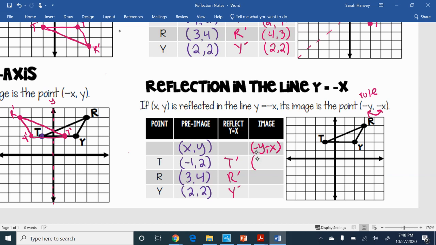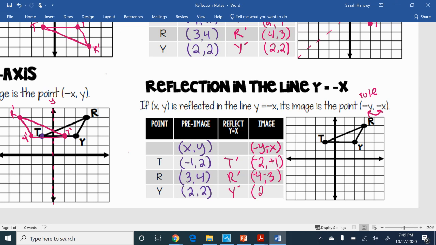So we're first going to switch this. Instead of negative 1, 2, I'm going to just switch them first. And then we're going to change the signs. So I just flipped them, and now we're going to change the signs. It was a 2, now it's going to be negative 2. It was a negative 1, now it's going to become a positive 1. So let's do that again. Switch those. So we're going to do 4, 3, and then we're going to change the signs.